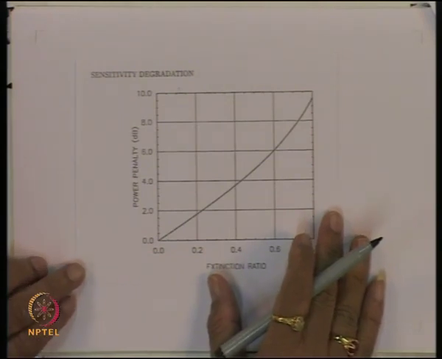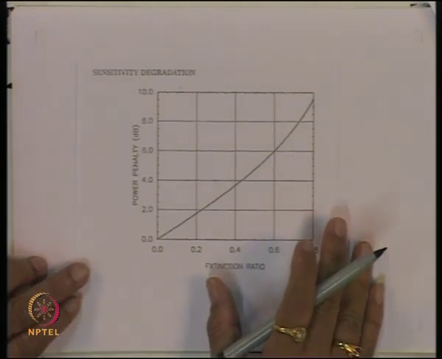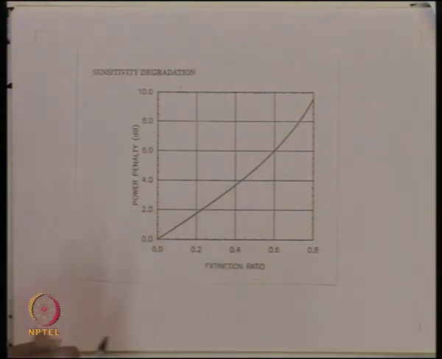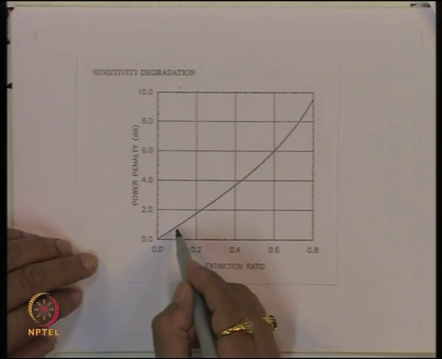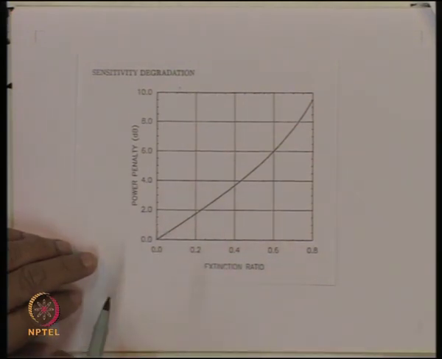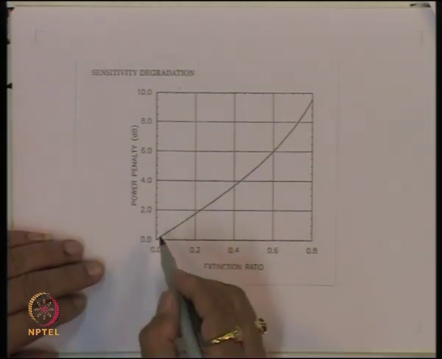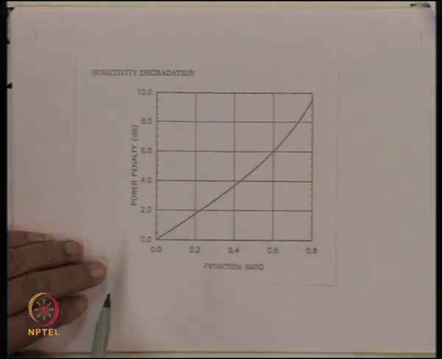So essentially, if we say that for a receiver, the 1 dB power penalty is probably acceptable, then the corresponding extinction ratio will be approximately 0.12.